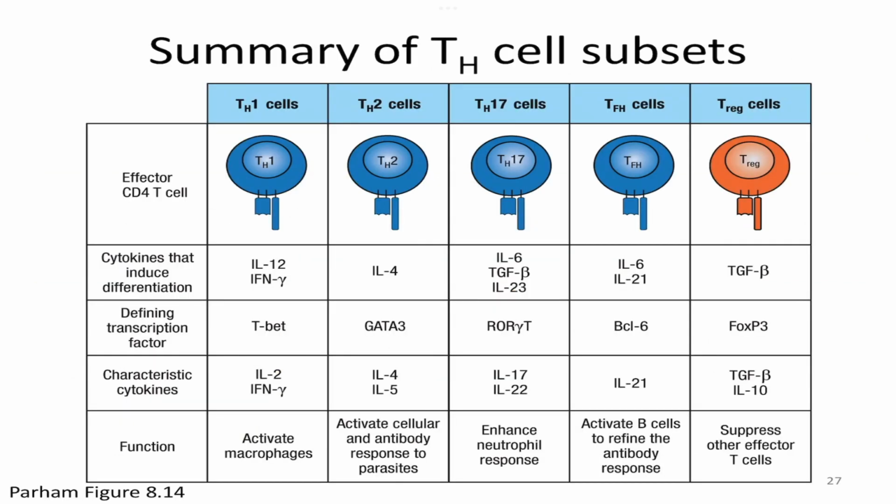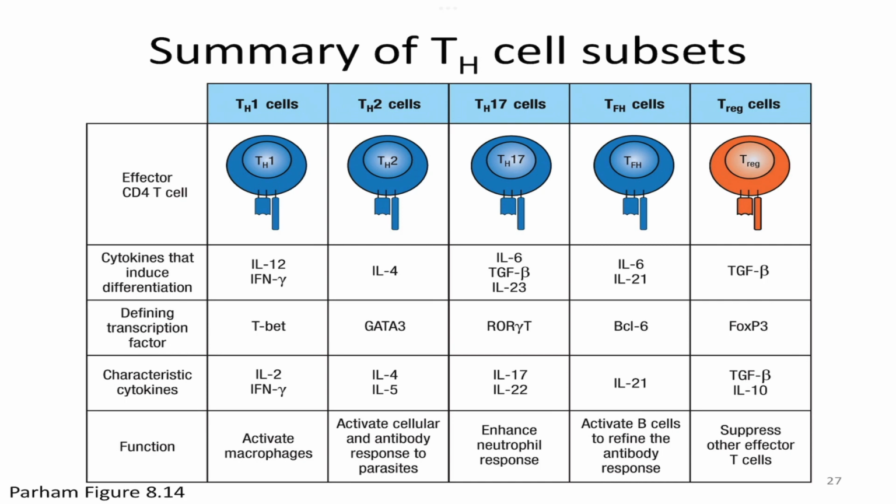And this summary shows you the details of all of the polarization towards these different types of helper T cell subsets. So in all cases, we started with a Th0 cell. That Th0 cell received some kind of cytokine that induced differentiation. That pushed the cell type towards a particular polarization towards one of these 5 subsets.